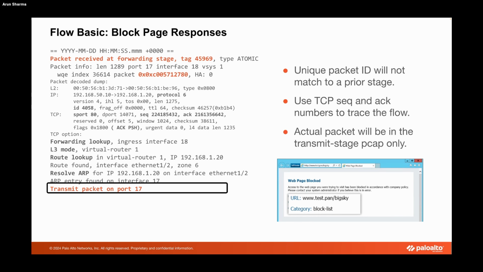Compare that ID. In this case, it's 4058 in the packet capture. So you can put an identification filter in Wireshark, and you can find this ID. Remember, this ID is very useful when you are comparing flow basic with the packet captures.